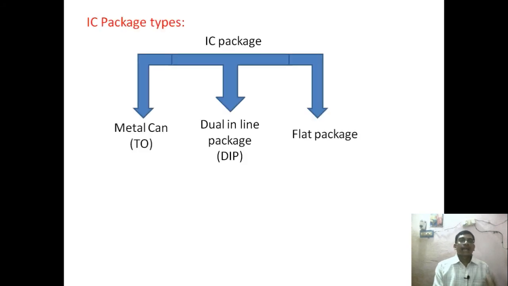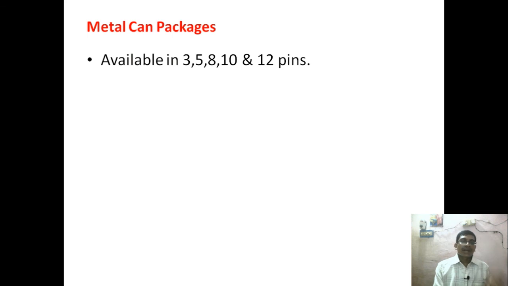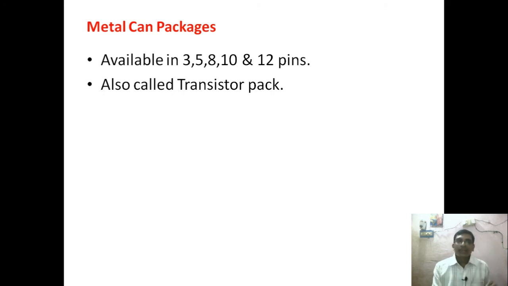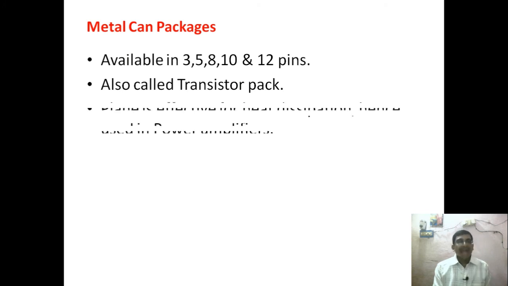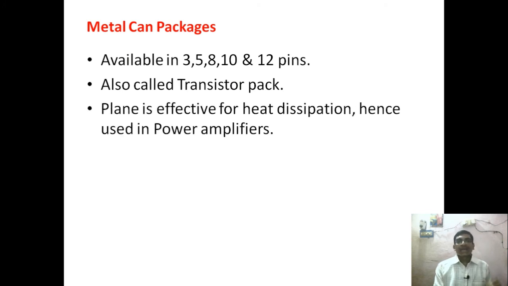The metal can package. The metal can package is available for 3, 5, 8, 10 and 12 pins. It is also called the transistor pack. The metal can package has one more name, that is transistor pack. Now, it is effective at heat dissipation, hence used in power amplifiers.